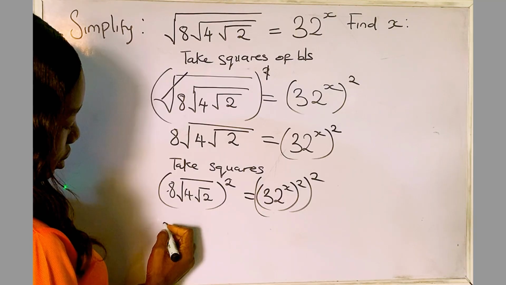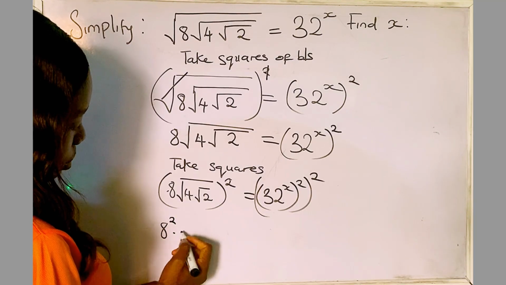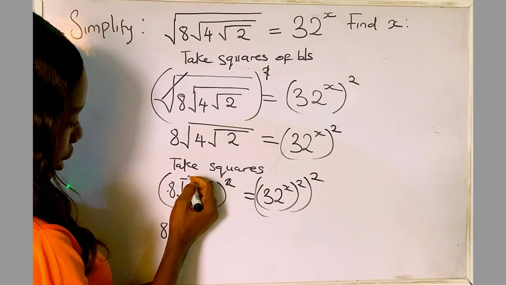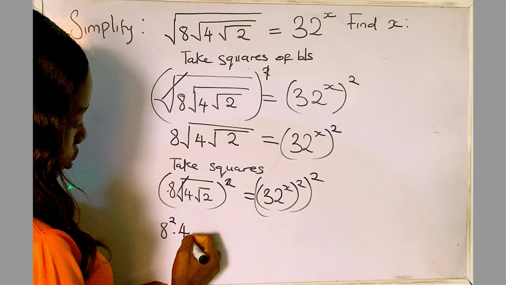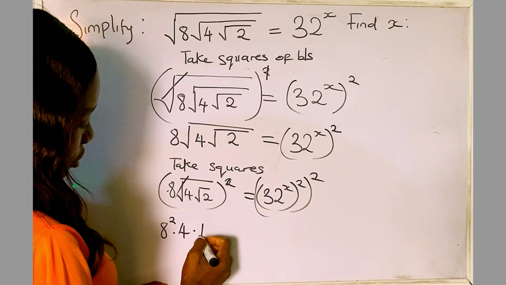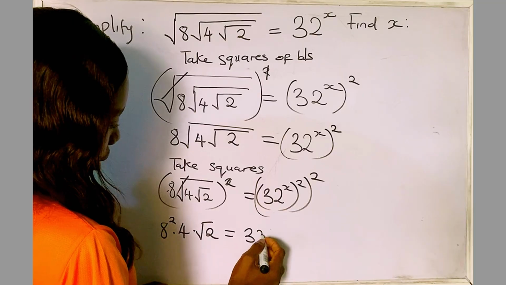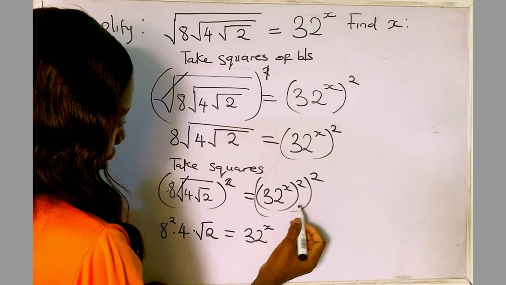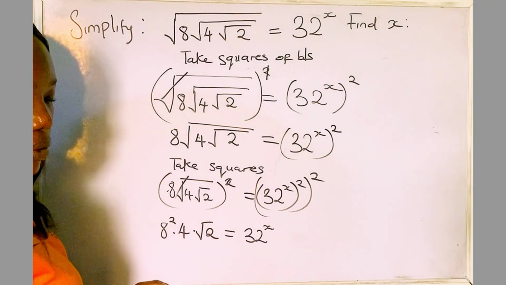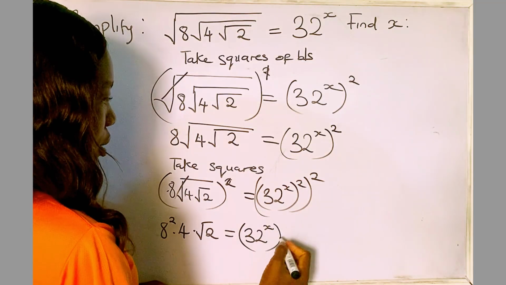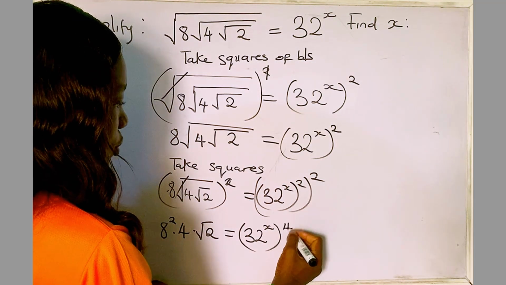We have 8 squared multiplied by this, which will take out this. So we'll have 4. Then we'll have root 2. That's equal to 32 to the power of x. Let's add up these two squares. Multiply it to have 4.